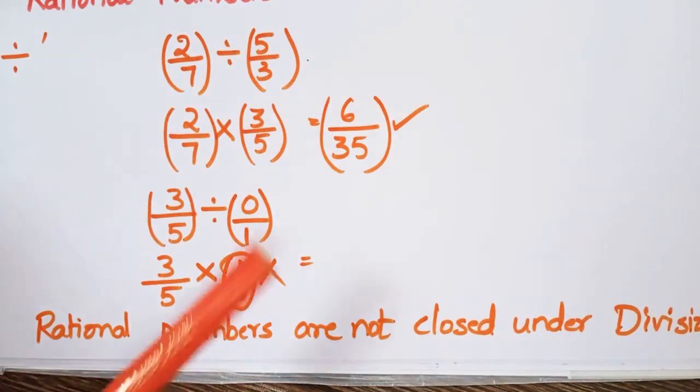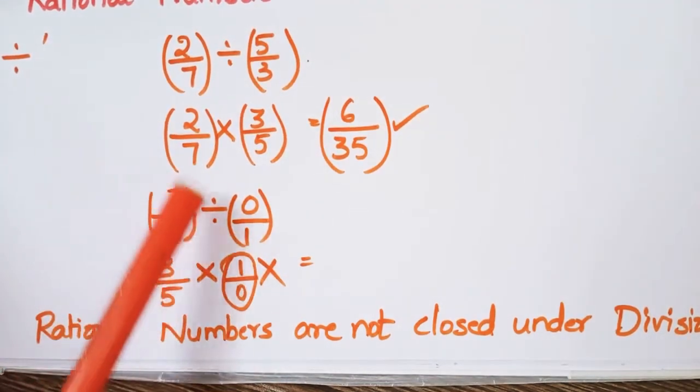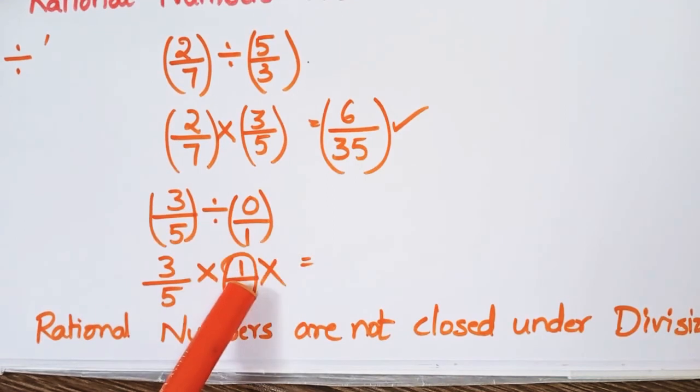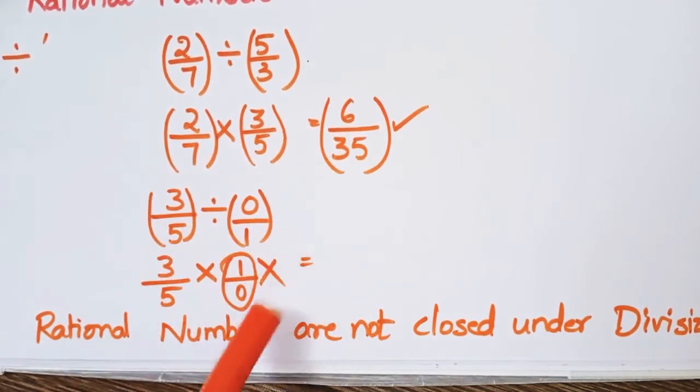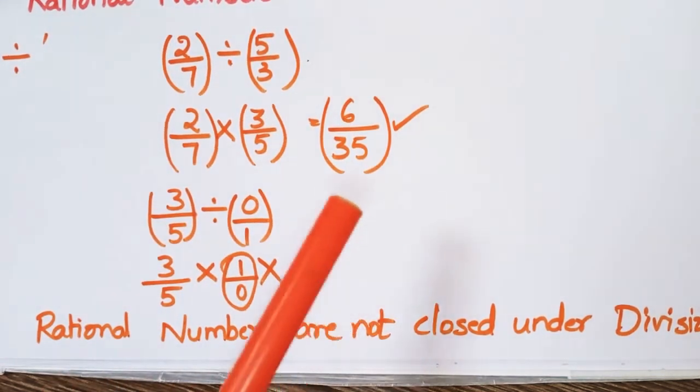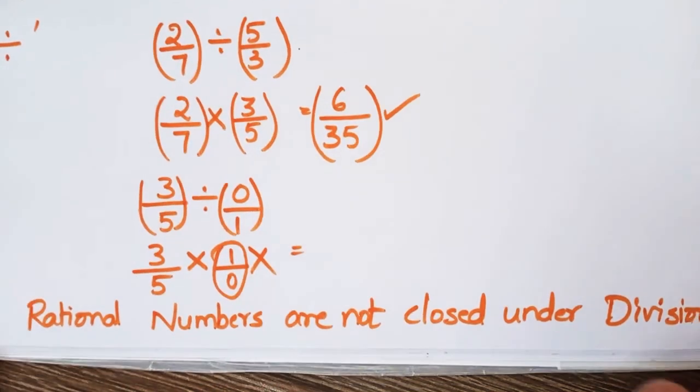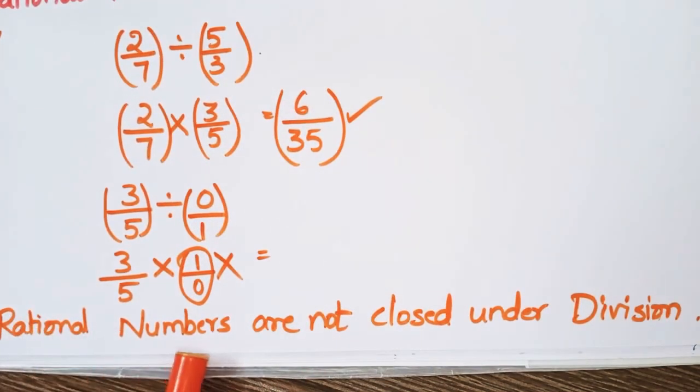As 0 is also a rational number, when we are taking two rational numbers and trying to do the division, can you get a rational number as your answer? No. So you need to conclude that rational numbers are not closed under division. With this, we have completed verifying our closure property for rational numbers.